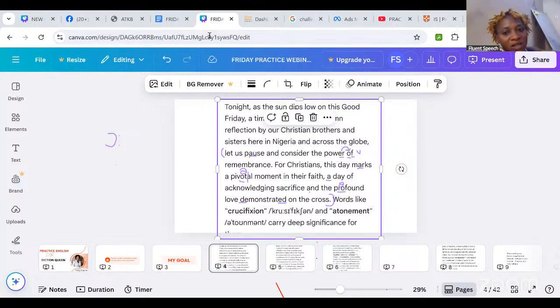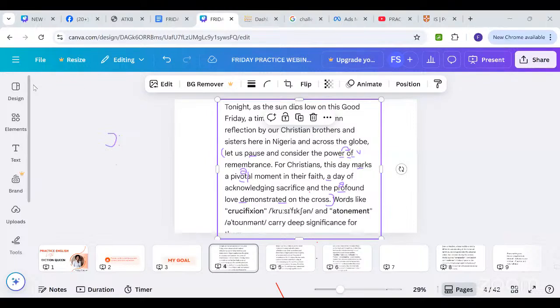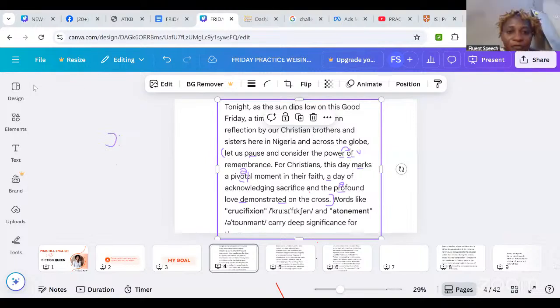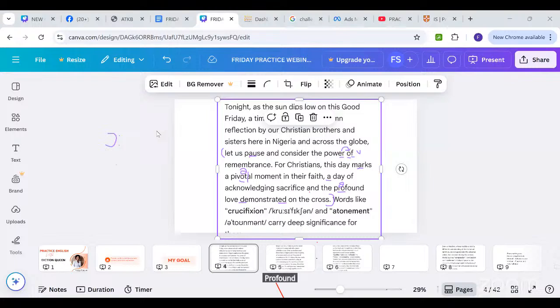This day marks a pivotal. This day marks a pivotal moment in their faith. A day of acknowledging sacrifice and a profound love demonstrated. And profound, not profound. And profound love. Profound love. And a profound love demonstrated.